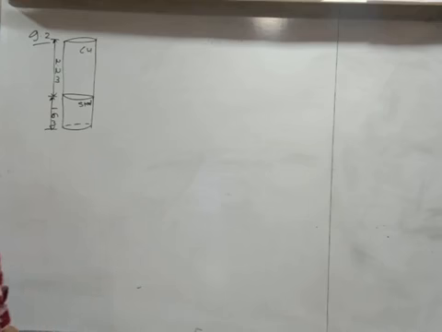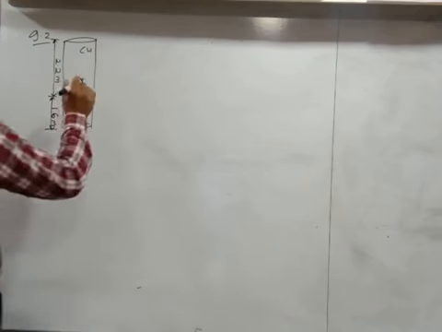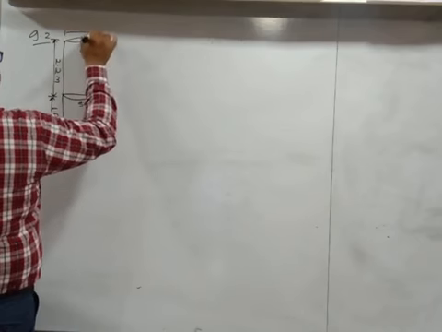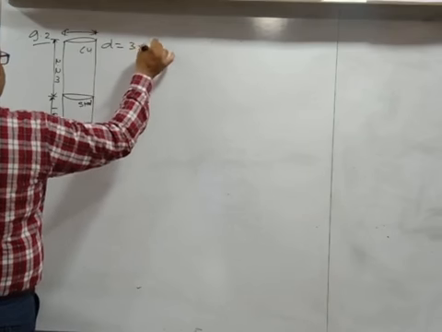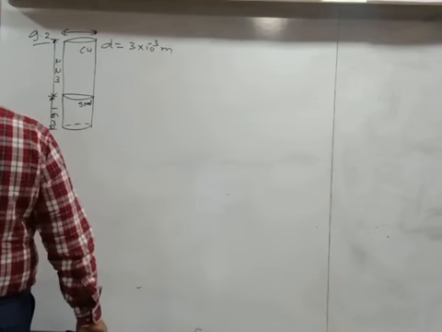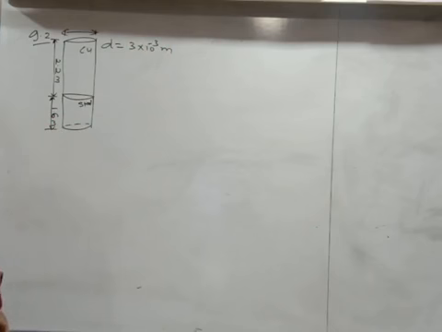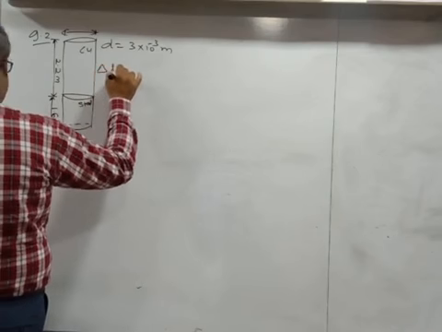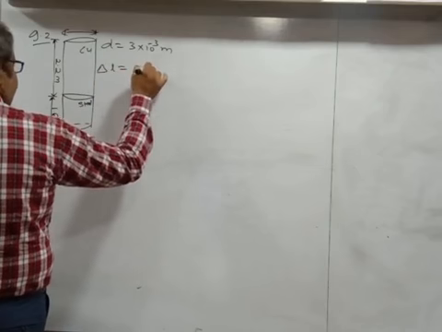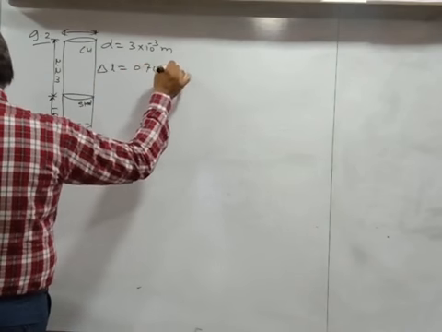Both of diameter 3 millimeter. That means diameter here is given as 3 into 10 raised to minus 3, which should be converted into meter. Are connected end to end. The net elongation found, that is delta L, is 0.70 into 10 raised to minus 3.